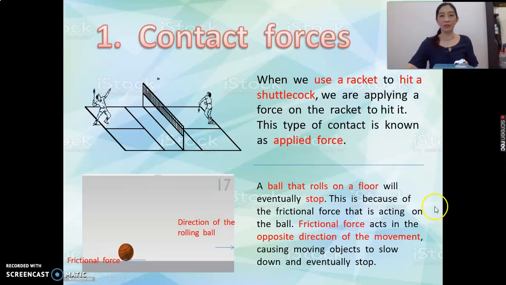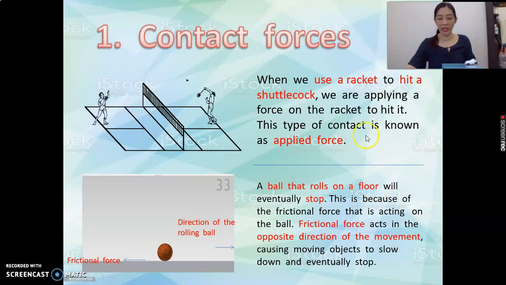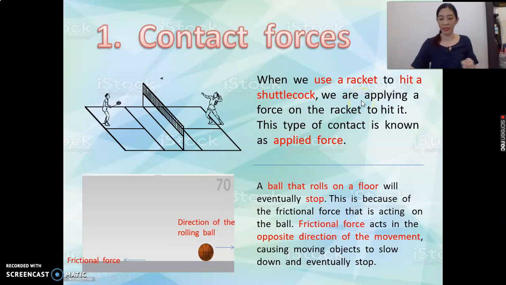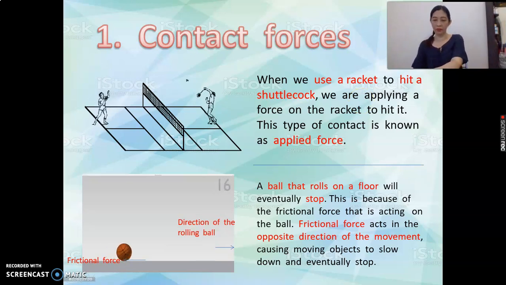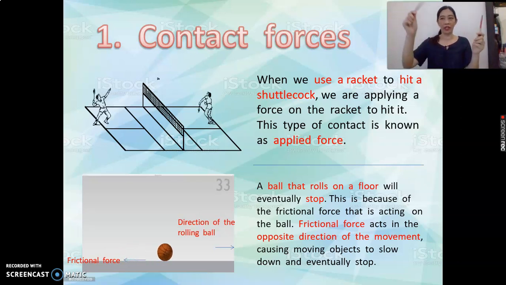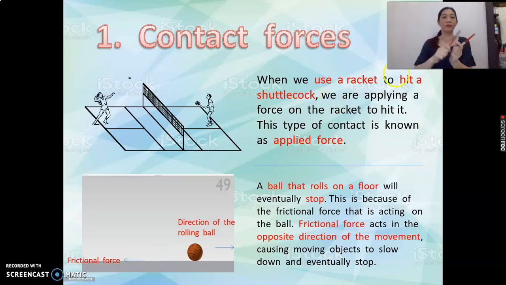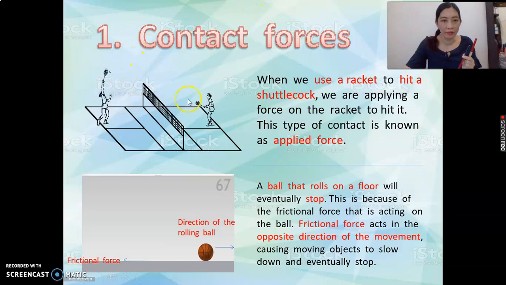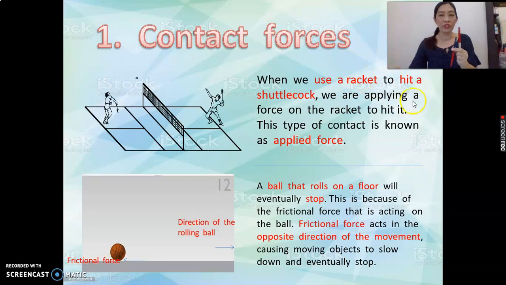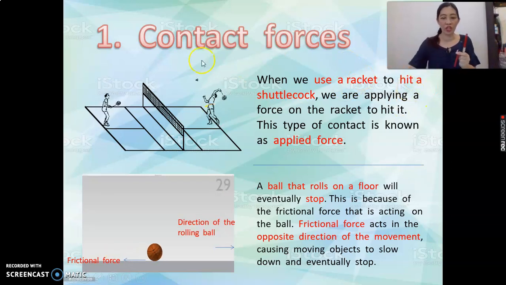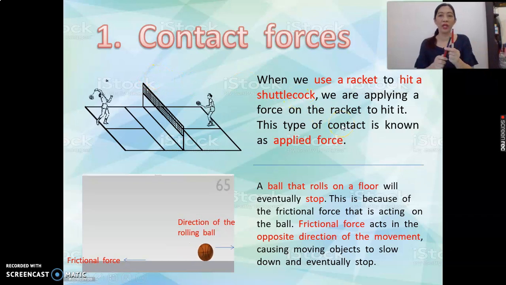Another example of contact forces is a racket. Example, this is the racket. When we use the racket to hit a shuttlecock, we are applying a force on the racket to hit.